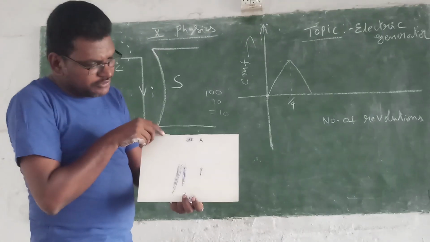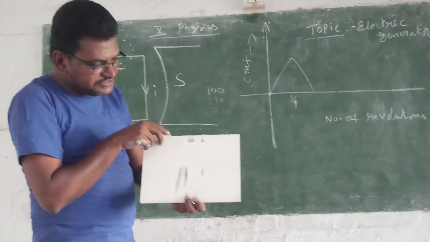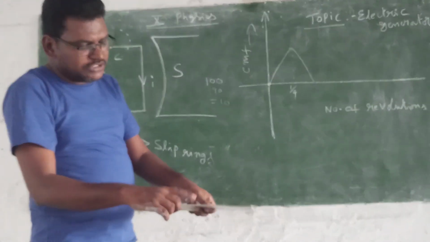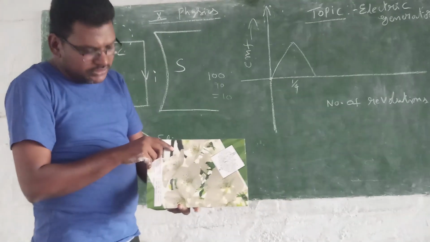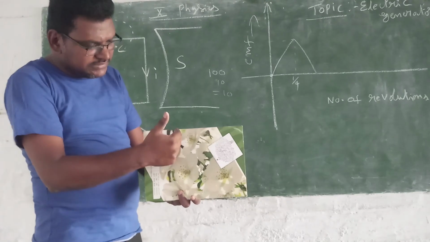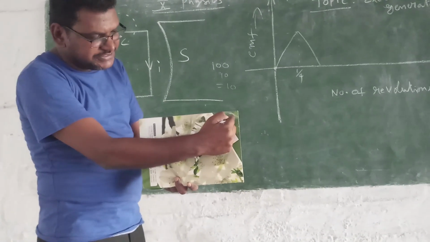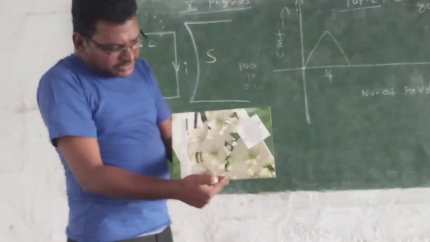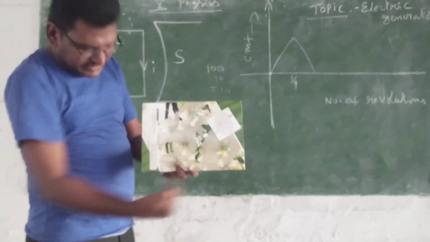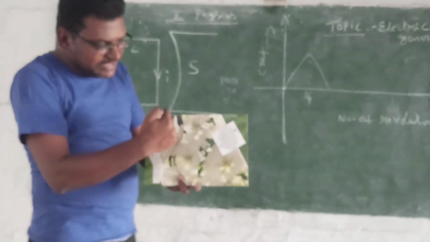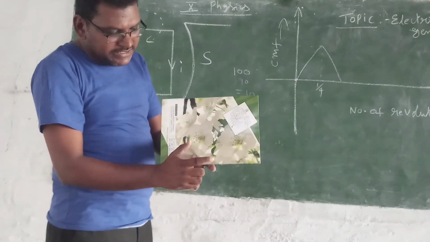As it completes half rotation, B comes up and A goes down. So further here, the current in this wire should be in this direction. When it is at the bottom, the direction of current is in this direction. When B is at the top, the direction of current is reversed from the previous one.